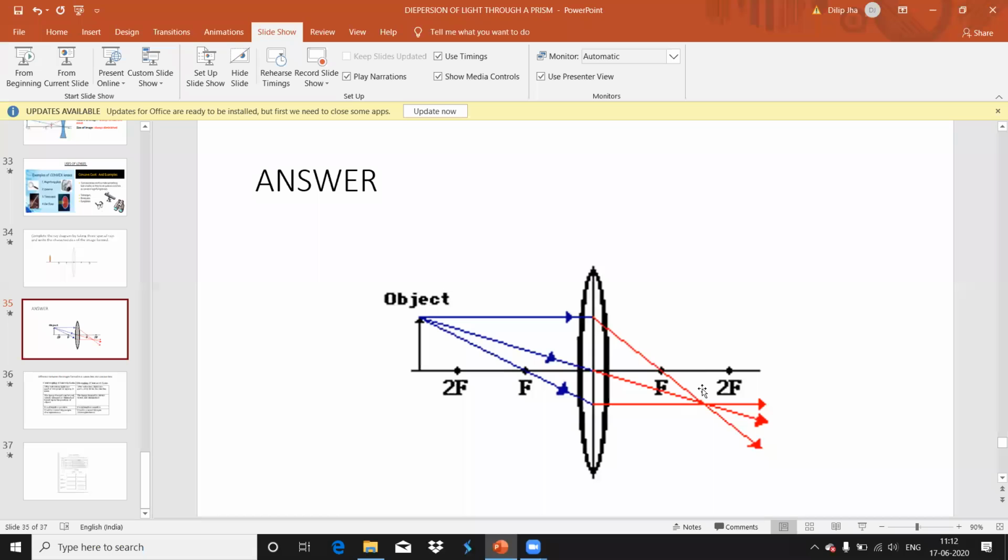And this image, इसका characteristics होगा, position of the image will be F and 2F. Nature will be real and inverted, and the size will be diminished. ये छोटा बनेगा in comparison to the object. So this is your answer for the given question.